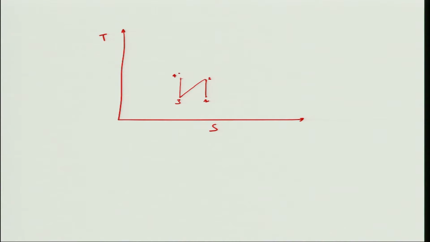Then we undergo again the same Q heating process at constant pressure. Here we try to reheat, and then we have this connector here, and we can make use of the fact that these temperatures are higher than the exit temperature of the compressor, and thus we can also use regeneration.